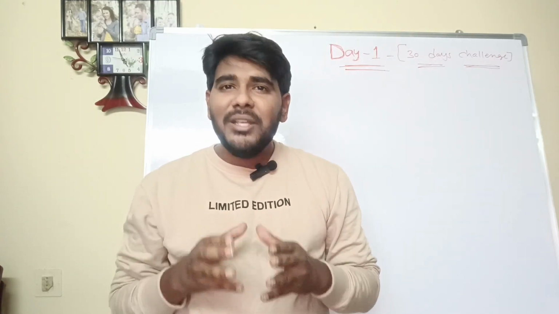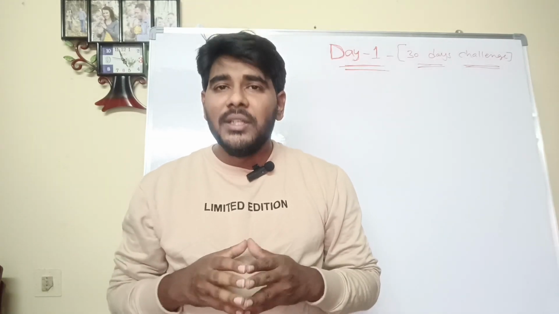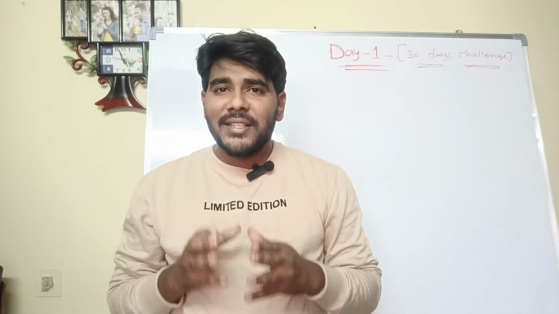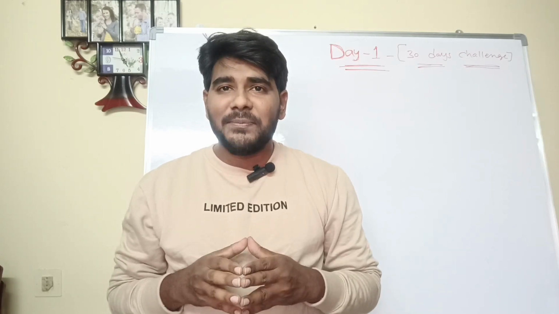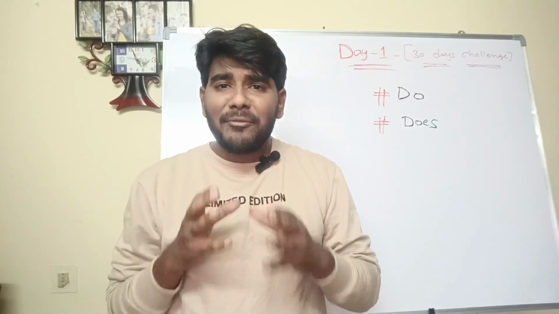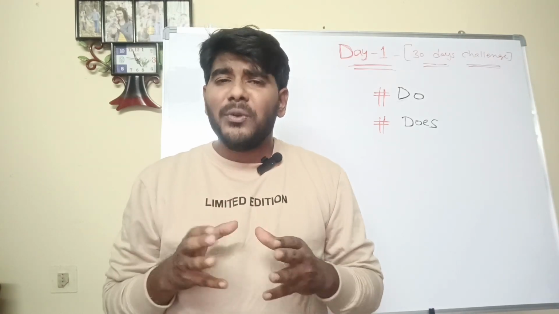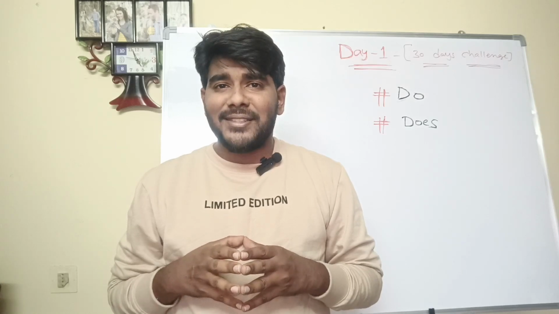Well, I would like to begin by saying that this is day one and it covers two days. And I should also tell you that this lesson is followed by a story narration using do and does. In do and does, there is a pattern to be understood to avoid dreadful mistakes in English. Usually, do and does fall under the category of simple present tense.